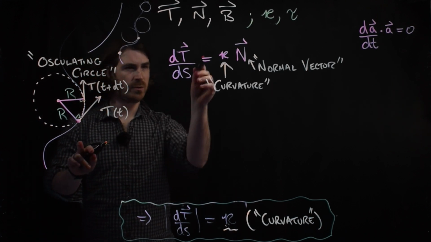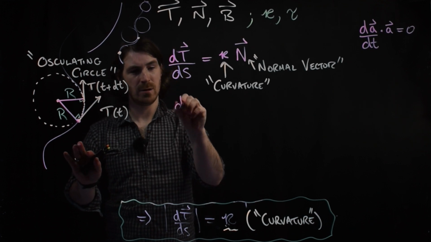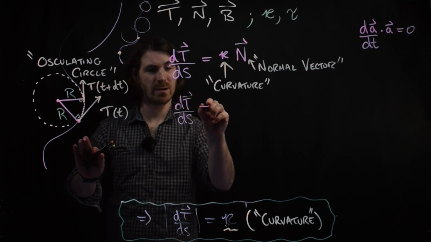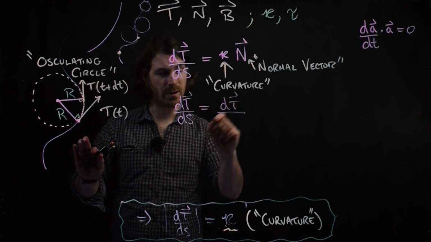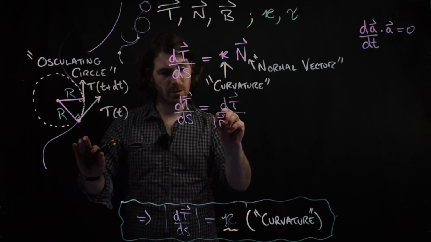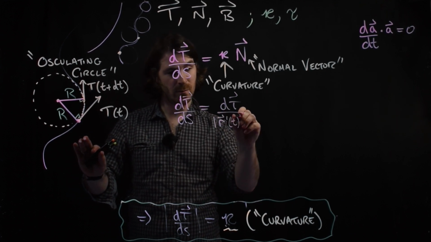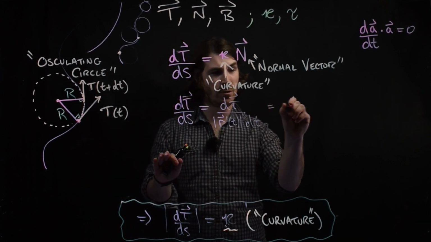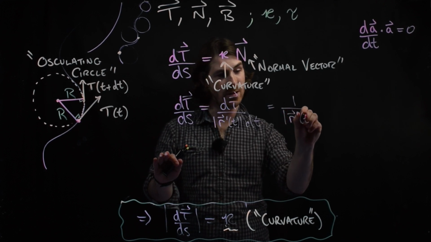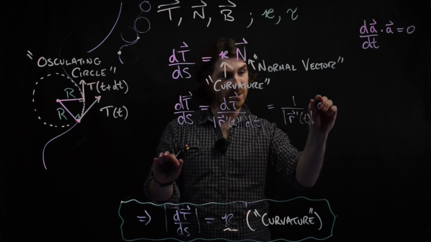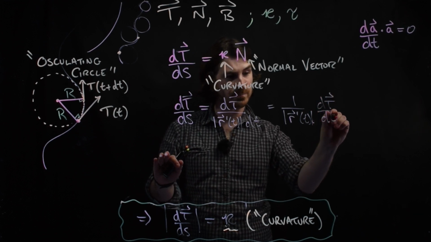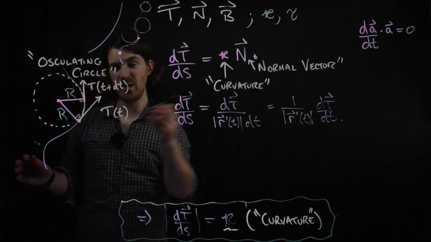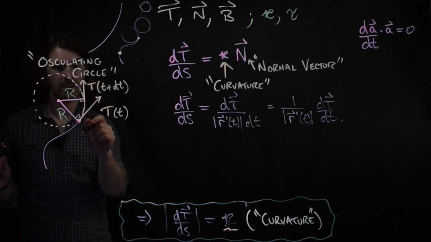We're going to think about this dT by ds in terms of the parameter t, because that's what we're changing. So we know that dT by ds we can write as dT by dt, and remember that ds is the magnitude of r prime of t, dt. So this is 1 over the magnitude of r prime of t, dT by dt. We want to think about how this tangent changes with respect to the parameter t.